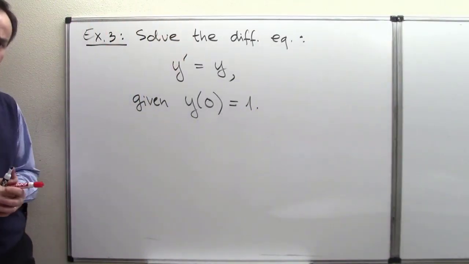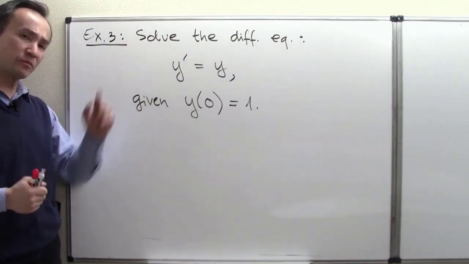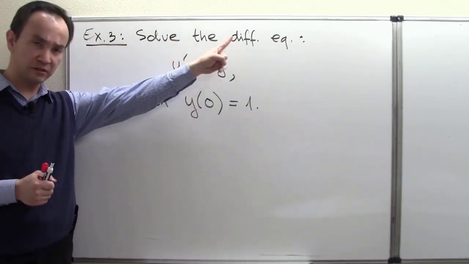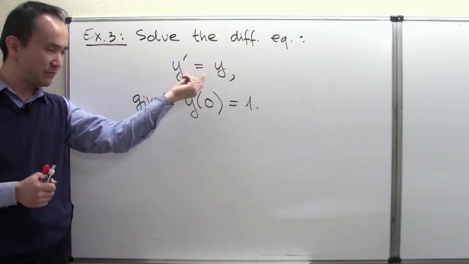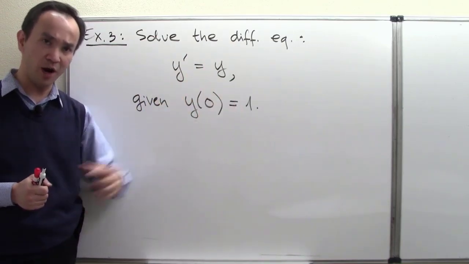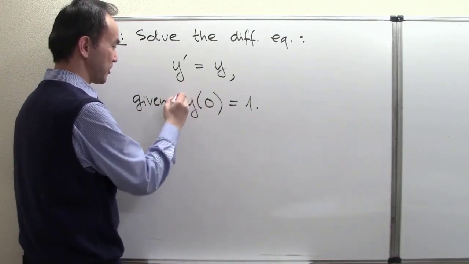All right, so now we're at example 3 of the lesson. The instruction says to solve the given differential equation, y prime equals y, given that y of 0 equals 1. Right now, let's put aside that information.